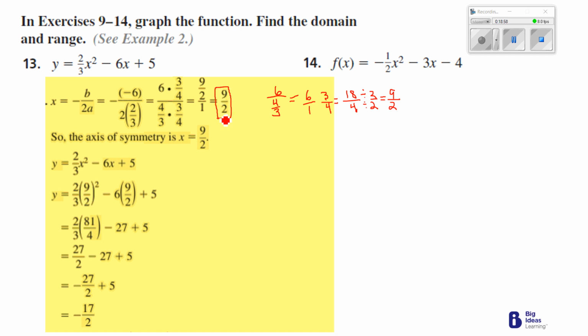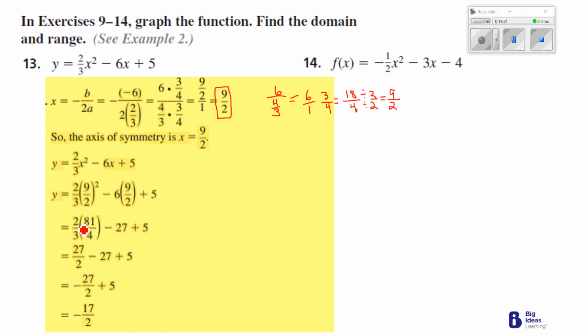That is your axis of symmetry. Now they're going to plug that in for the problem. 9 over 2 times 9 over 2 is 81 over 4. Okay? And negative 6 times 9 over 2, that's going to be negative 54 divided by 2, which is negative 27. And next, we're taking the 2/3 and multiplying it to 81 over 4.